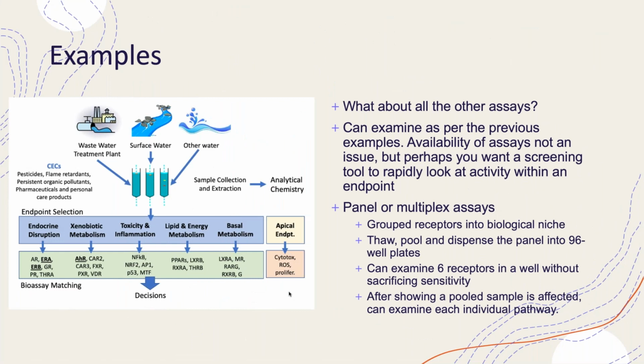I'm going to quickly go through another example that is taking this to the next step. So those individual assays are very useful for looking at these very well-defined endpoints, the estrogen receptor and the aryl hydrocarbon receptor.